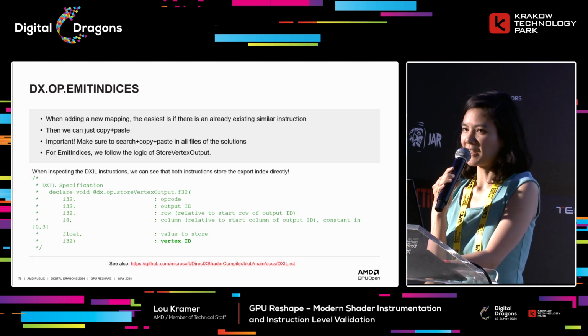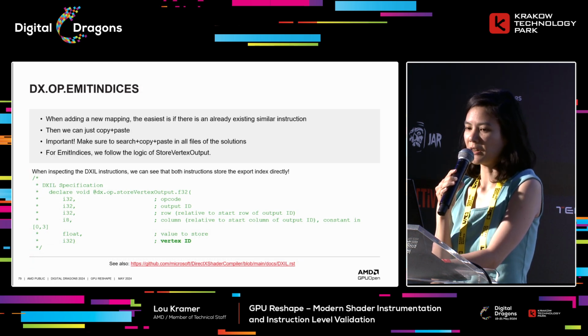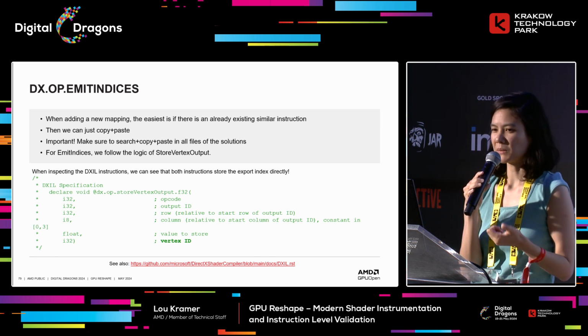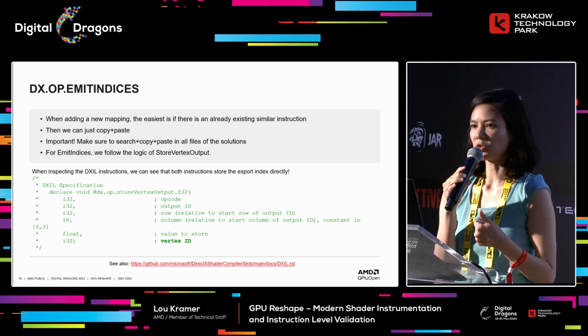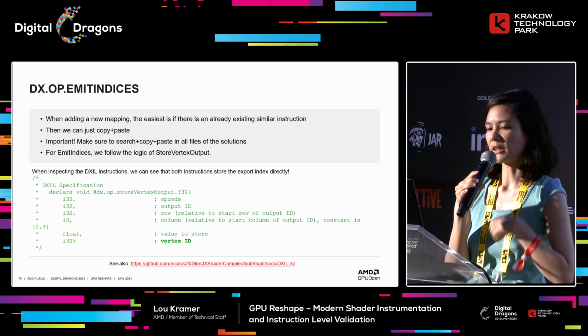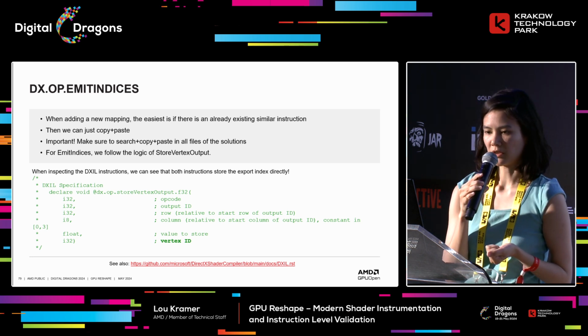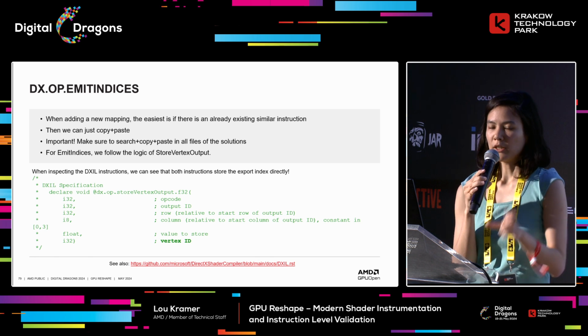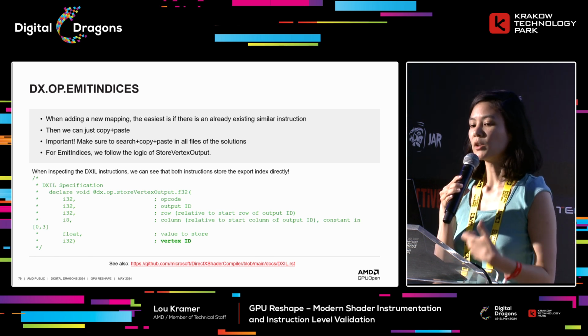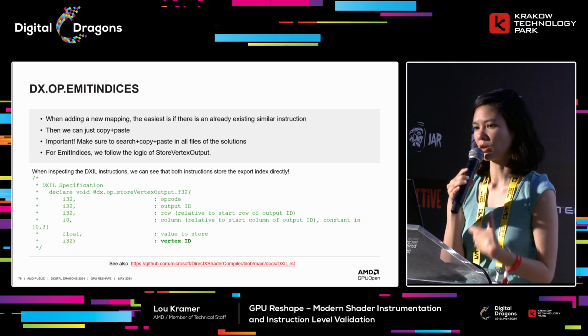So we have to add a new mapping for the emit indices instruction. And the easiest is here again, we just copy and paste an existing instruction, rename it, and use a similar instruction. So in this case, it's easiest to just copy and paste the store vertex output instruction and then change it to make it work for the emit indices instruction. And while doing that, you should also check the Dixel instruction itself to find out what information this instruction encodes.